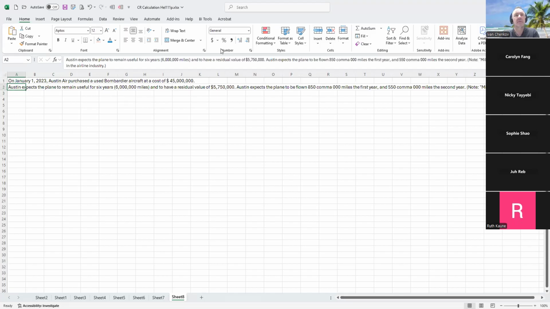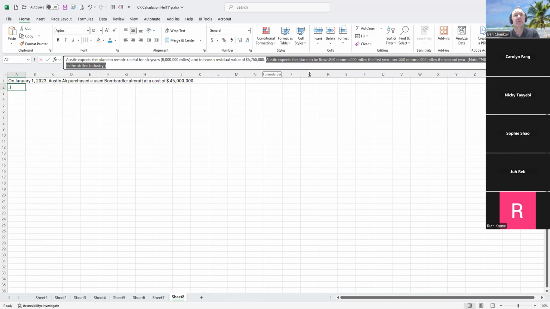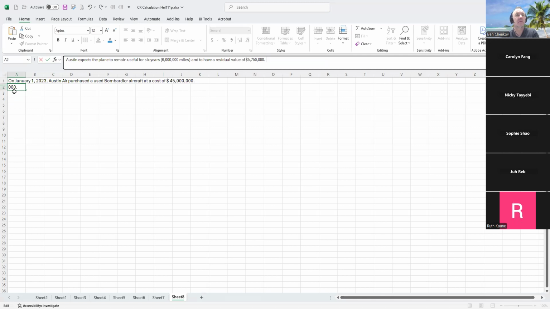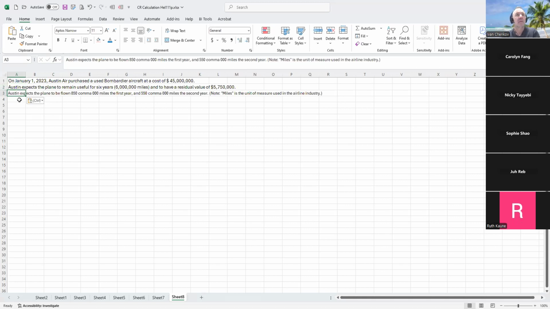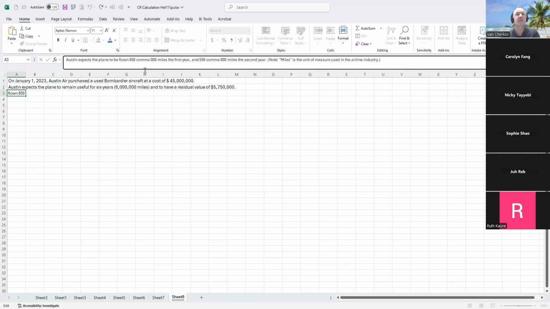Now also this company expects the plane to be flown for 650,000 miles in the first year, 550,000 miles in the second year.